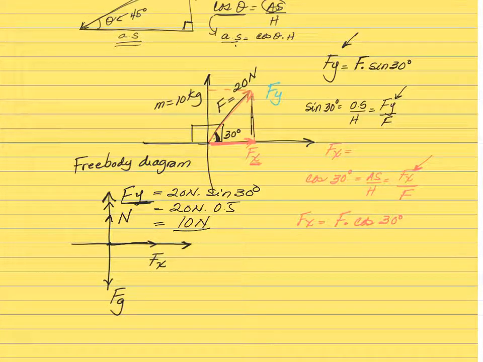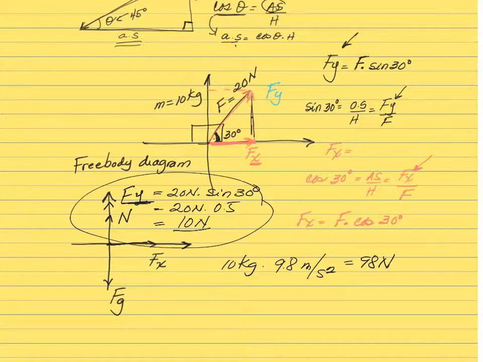And you know that the weight of the object is 10 kilograms multiplied by 9.8 meters per second squared, which equals 98 newtons. Is this object going to move up? No, not at all. Because that force applied at an angle, the component on the y-axis is not going to be able to break the gravity force.